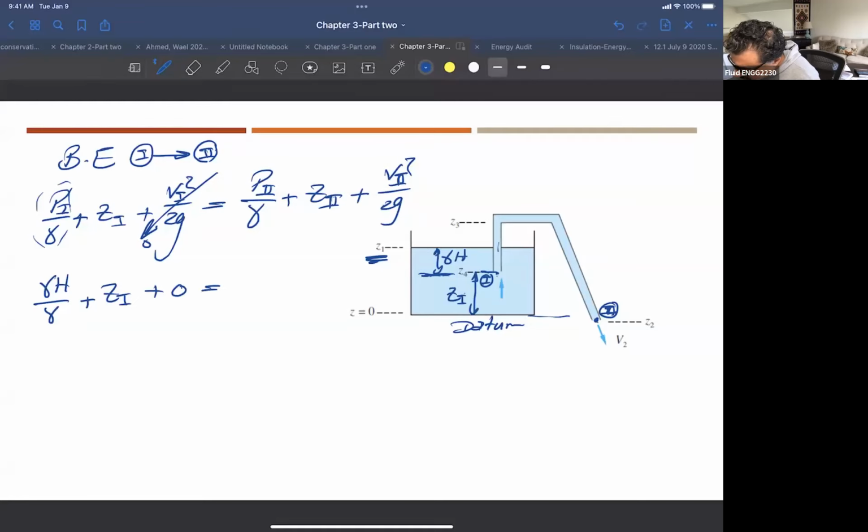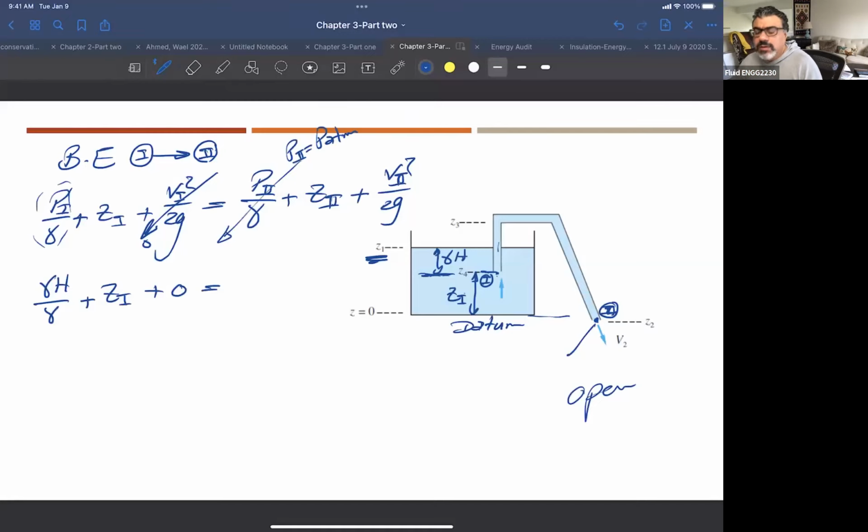What is B2 here? This is open now, right? So what is B2? Atmospheric, which we said we're going to use as 0 before, right? So this is 0 because B2 is atmospheric, and we're talking about gauge here.